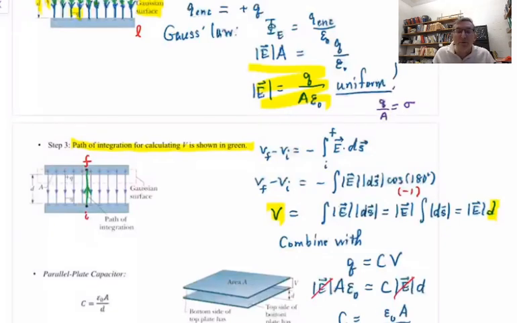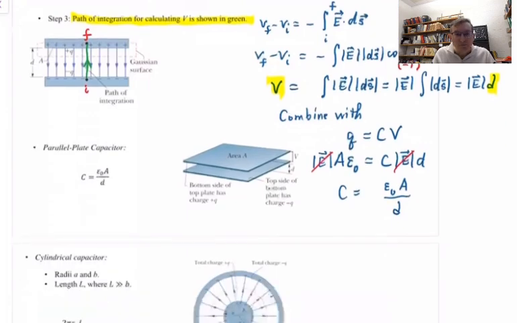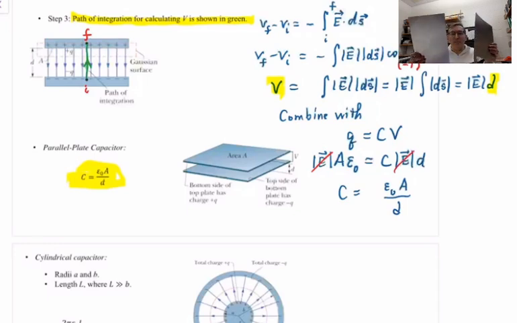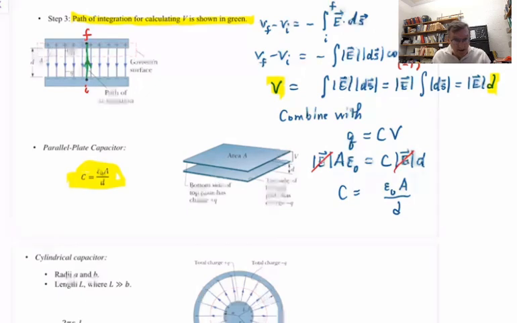Get that back into view. And so here you see that result written over here to the side. Now that's the capacitance formula for a parallel plate capacitor. Specific shape: two flat parallel plates. Each has an area A, and they're separated by a distance D. Notice it just depends on geometry. Okay?